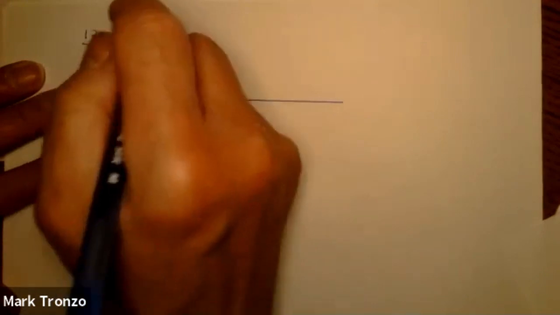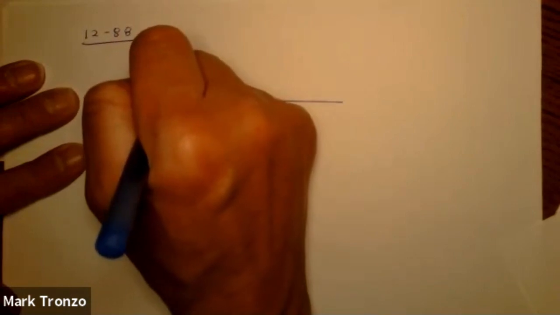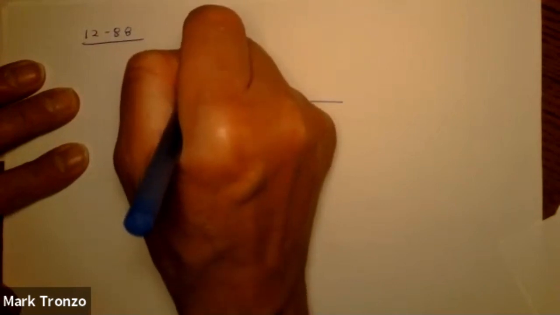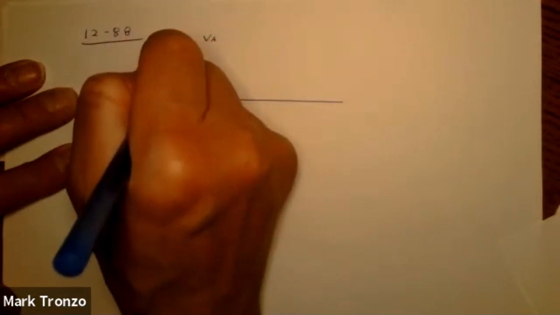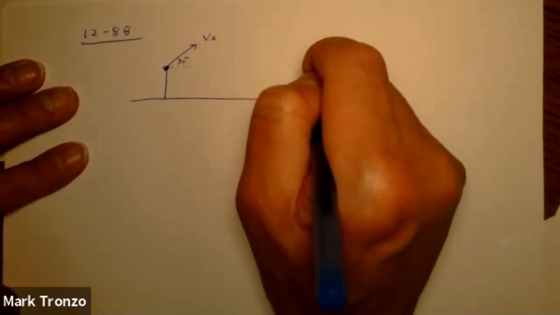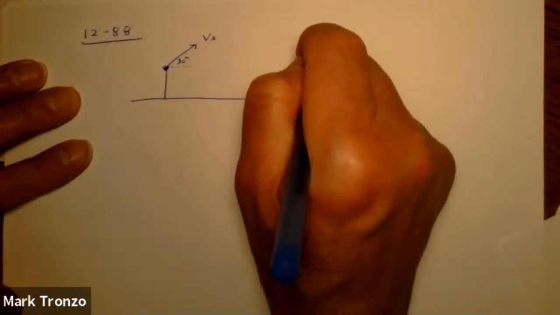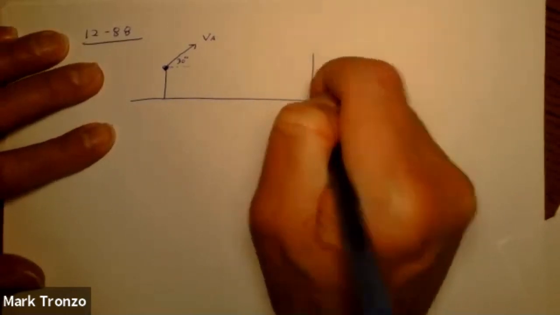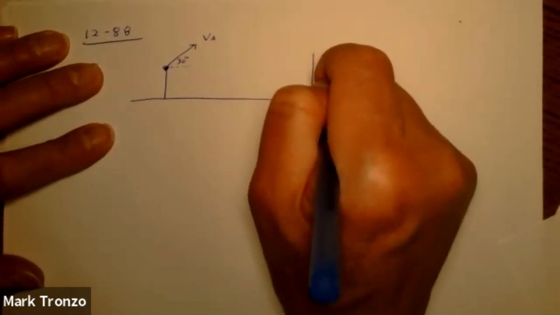So the ball's coming from like right here, and the person is shooting from a height of 3 meters, at a velocity VA and an angle of 30 degrees, and it's going into the hoop back here, which is approximately 3 meters.